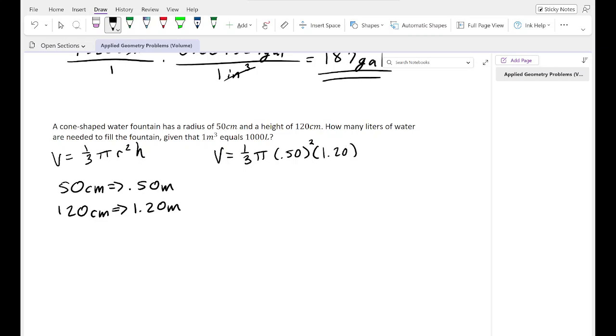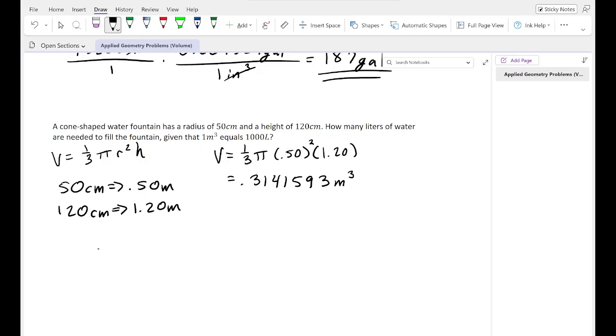If you drop the 0 from both of them, that's fine. It doesn't make a difference. Plugging that in, running it through, I'm going to end up with 0.3141593 cubic meters. But how much water in liters does it take to fill?